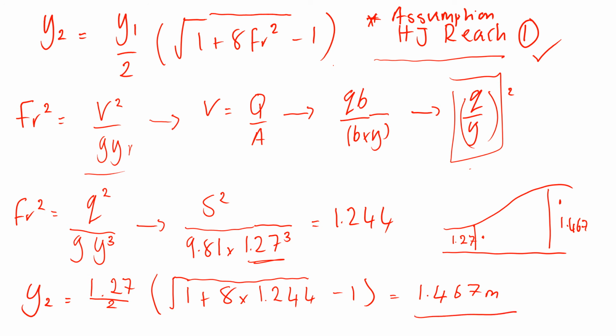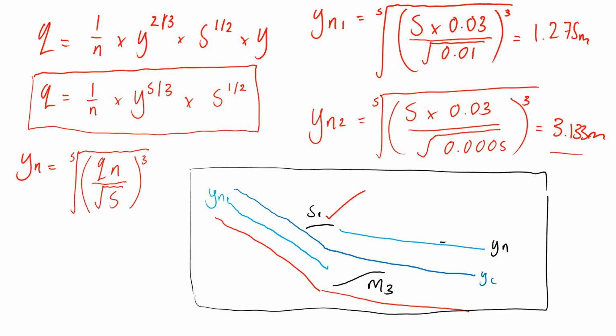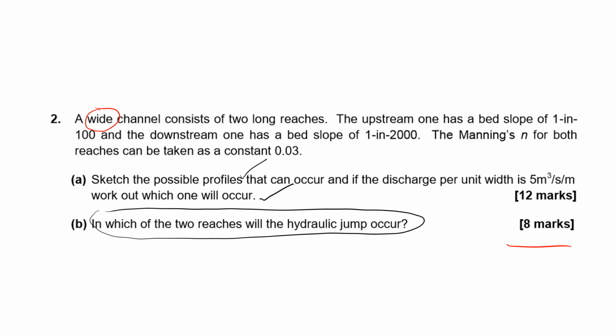Based on that, the final sentence to conclude the question would be that the profile that occurs is an S1 and not an M3, and that would give you full marks. So you'd get the 20 marks that are available for this question.